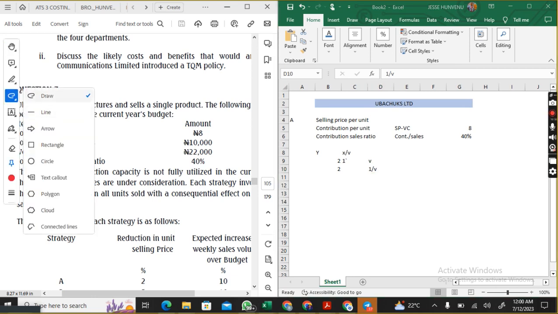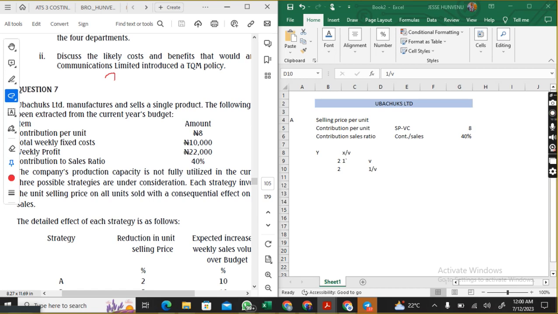So we multiply by saying 2 equals 1 over V. Since we are looking for V, V will now become 2V equal to 1. So our V now equals 1 over 2, because we divide both sides by 2. So this is how we get our V.